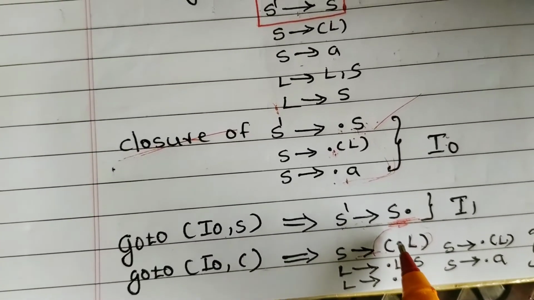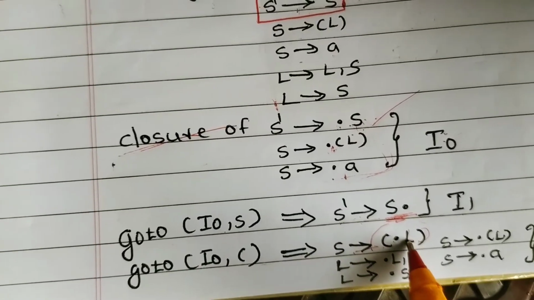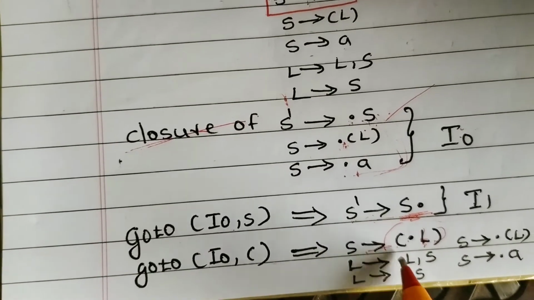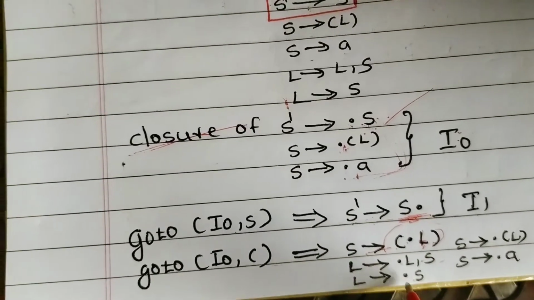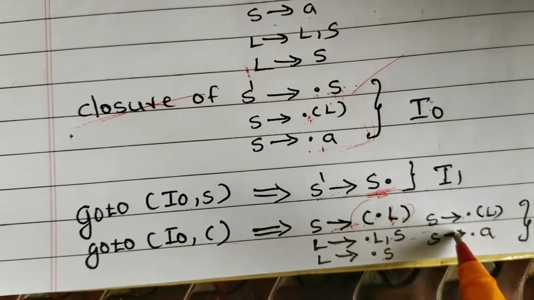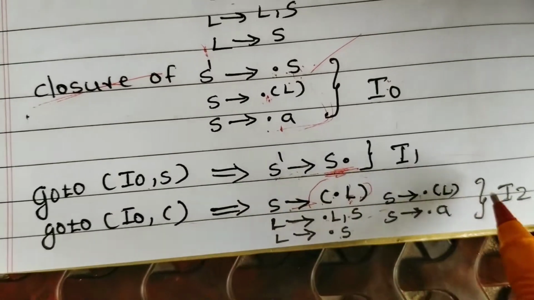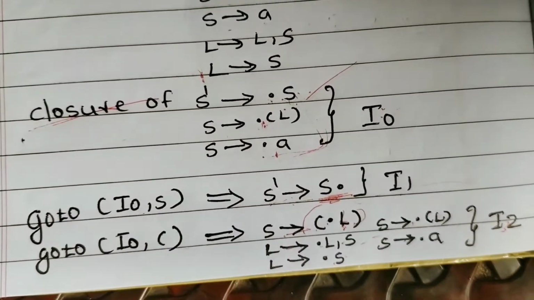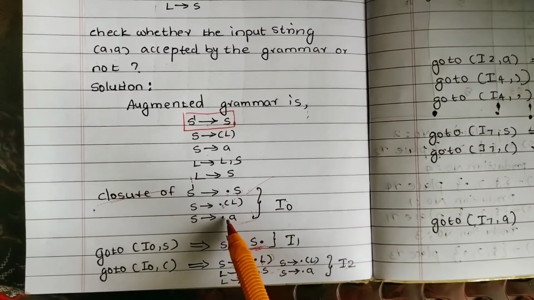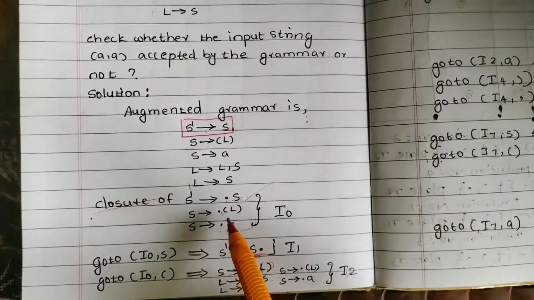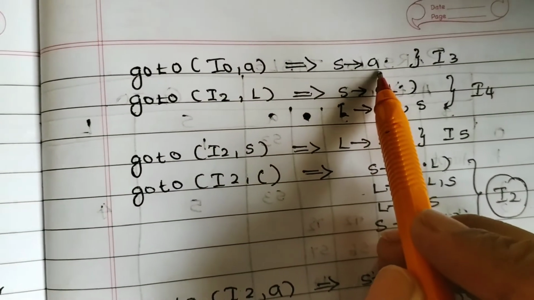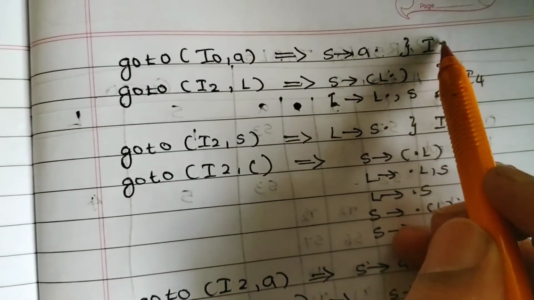Immediately after the dot a non-terminal exists, so we write its productions: L tends to dot L comma S, and L tends to dot S. Now after the dot S is coming, so we write the S productions also. Collectively, we name all these productions I2. Next we take A from I0: goto of I0 comma A gives S tends to A dot, and we name it I3.